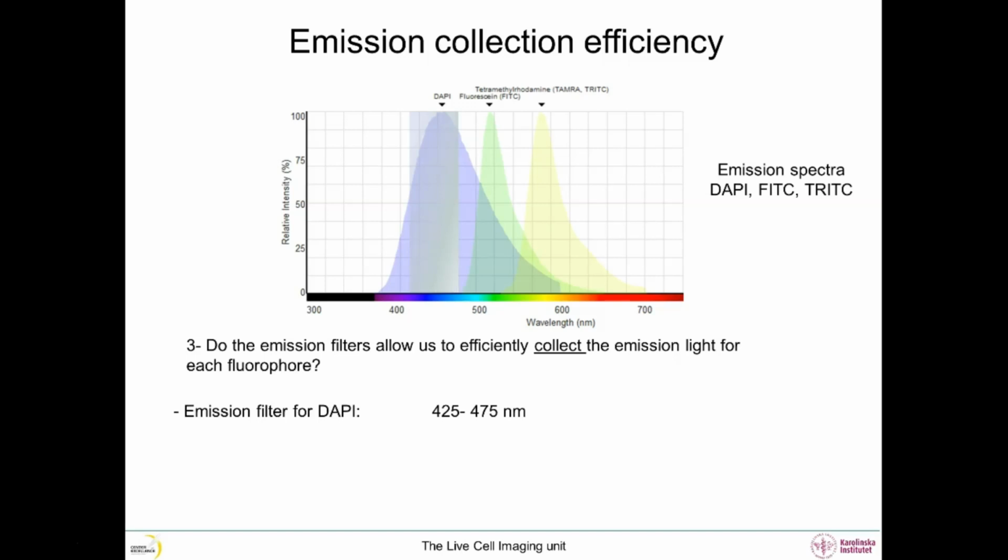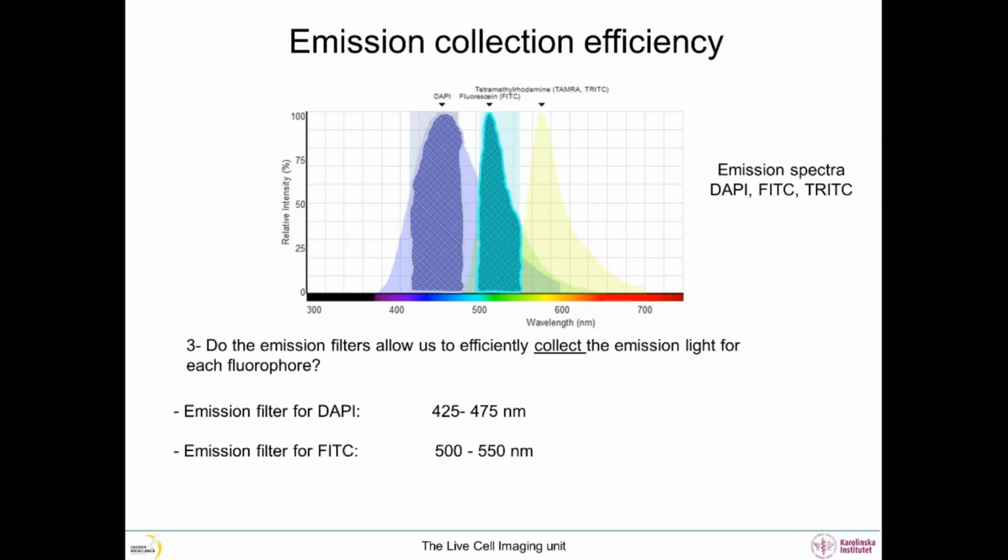If we look at the emission filter and emission spectrum for DAPI, we can see that less than half of the light emitted by DAPI is collected through this filter. However, for FITC and TRITC, we are collecting light more efficiently, around 70 to 80%.